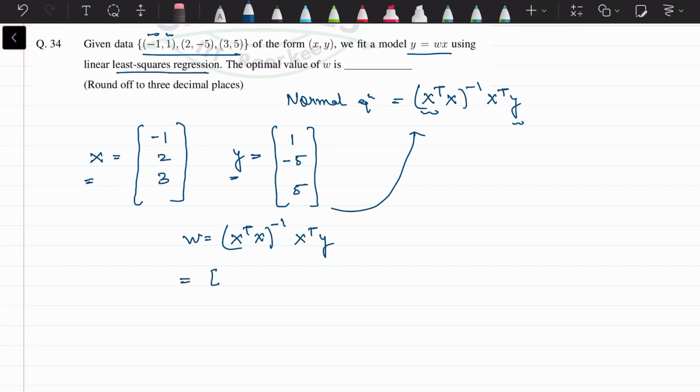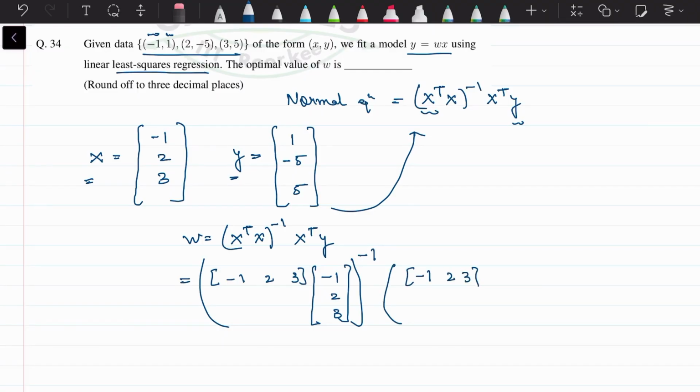So it is basically [-1 2 3] and its dot product with [-1 2 3] and this का inverse into [-1 2 3], into [1 -5 5]. So this is our y label, this is our x vector.